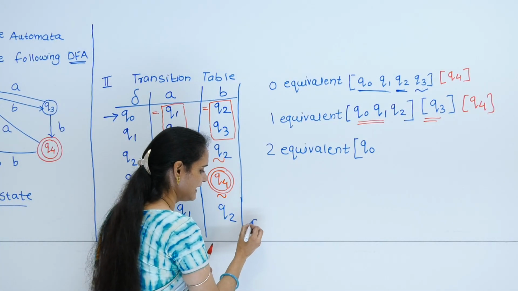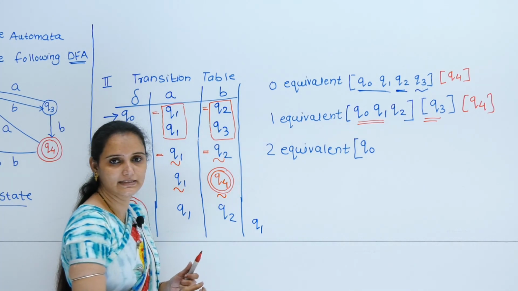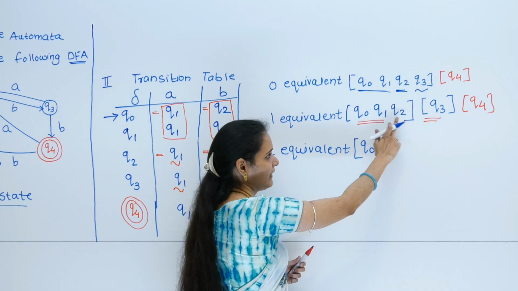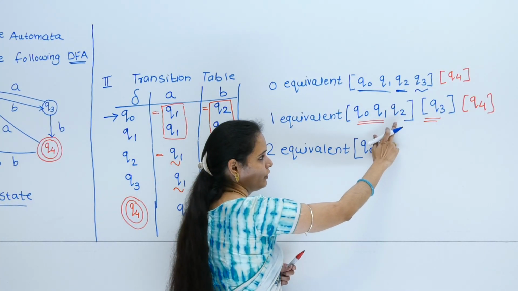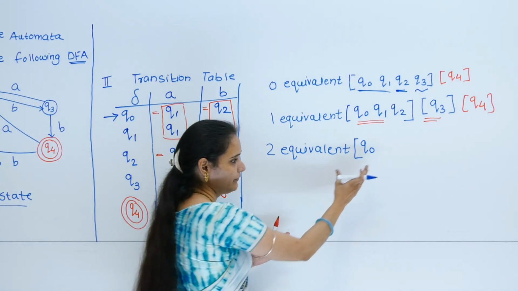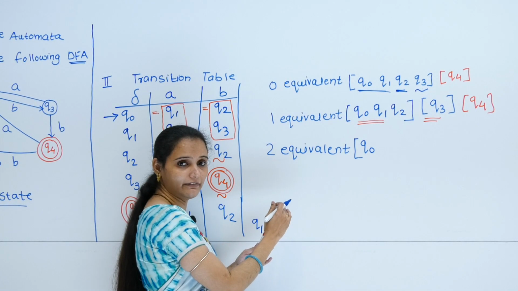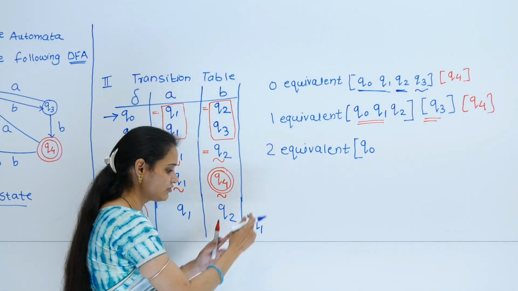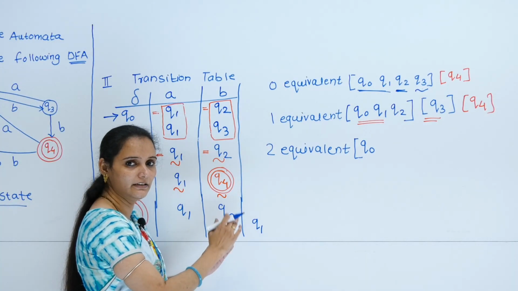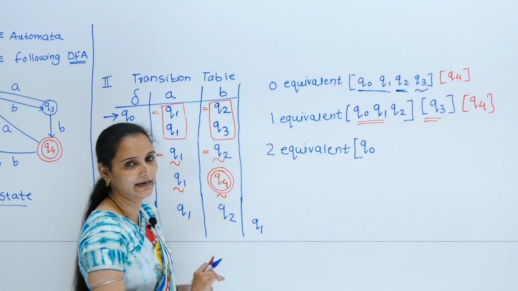We write Q1 aside and move towards Q2. Q2 we first find with Q0. If Q2 and Q0 are equivalent, we make one group of Q0 and Q2. If not, we check Q2 with Q1, and if equivalent, we make one group of Q1 and Q2.